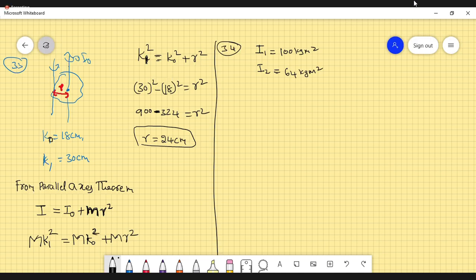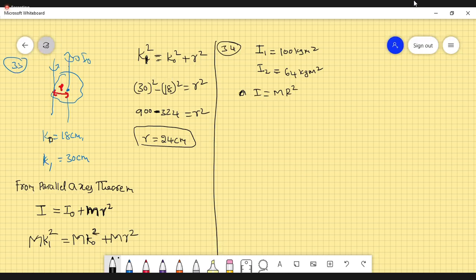So now the percentage change in its radius of gyration. Moment of inertia I equals m r square, and here m is constant.